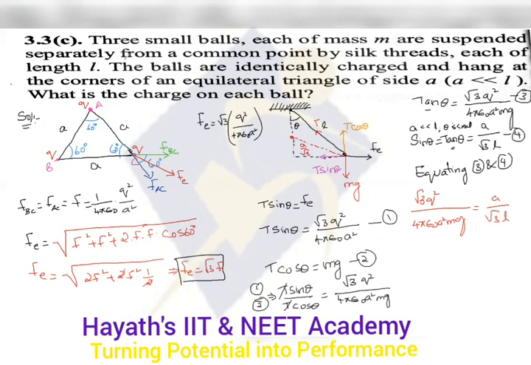We are concerned to find out the charge on each ball. To find out the charge, here we have q, so I would like to keep this q square here, and remaining terms I would like to send to the RHS side.